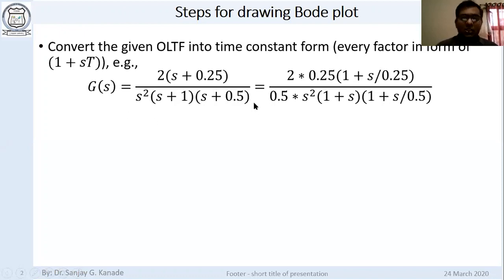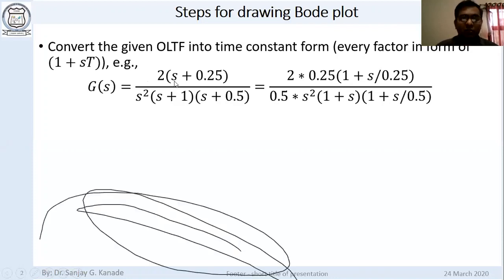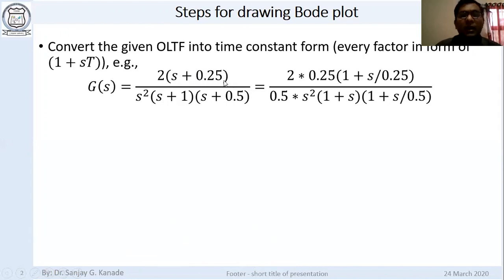Now this is not in time constant form, right? Because here we have s plus 0.25. We want to convert this into time constant form, so we take out 0.25 from the numerator. Means we divide the numerator by 0.25, so multiply and divide. 0.25 comes out, here it will be 1 and s will be s by 0.25.